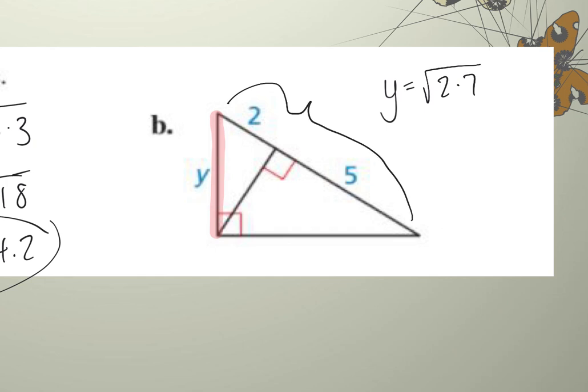And then so you just did 2 times 7. Good. This is our C value, which is equal to 2 plus 5, which gives us 7. So we multiply 2 and 7 together. We should get y is equal to the square root of 14. And then y is equal to, what is the square root of 14? 3.7. Yep.